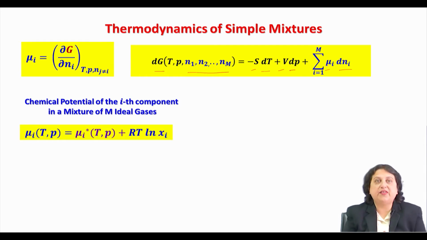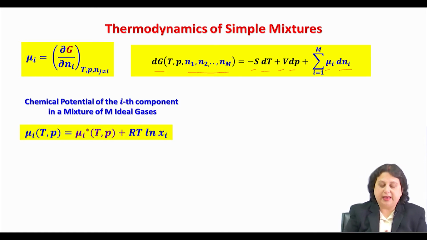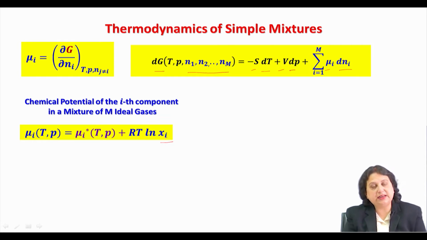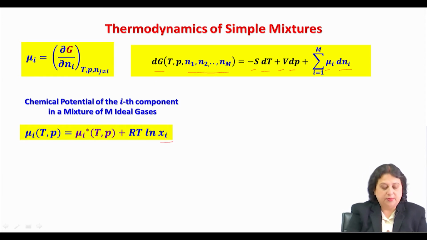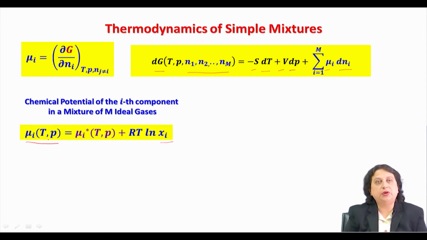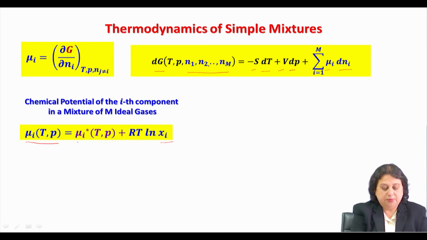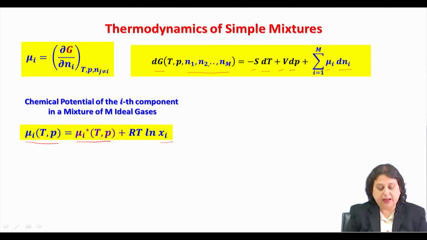And in this case we have been able to show that if x_i is the mole fraction of the ith component in the mixture, and if it is held at a given temperature T and a constant total pressure P, then mu_i, that is the chemical potential of the ith component in the mixture at this temperature and total pressure P, will be given by mu_i star (T,P) plus RT ln x_i.